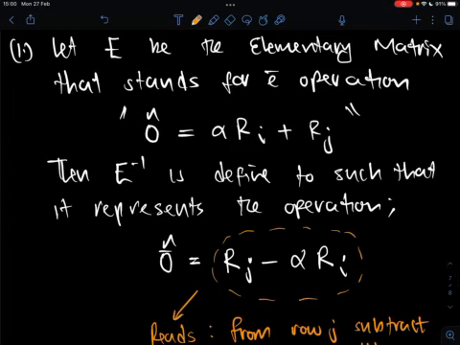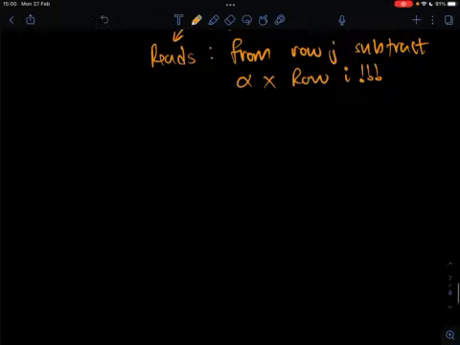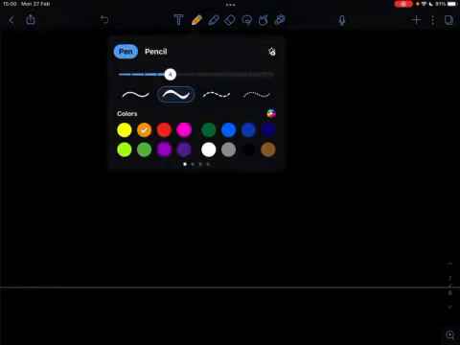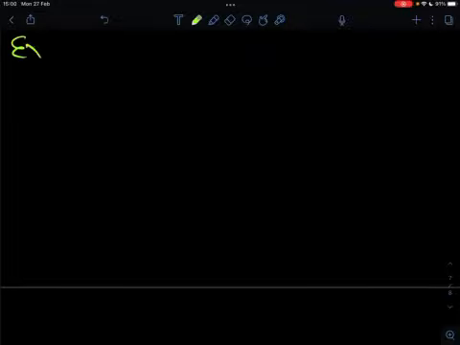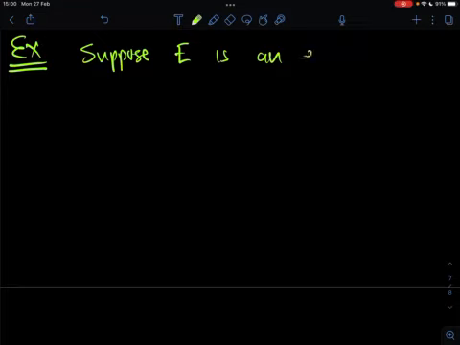So in order to practice what's going on here, let's look at a few examples, because it can be tricky when things are just written this abstractly. A typical example will be as follows.